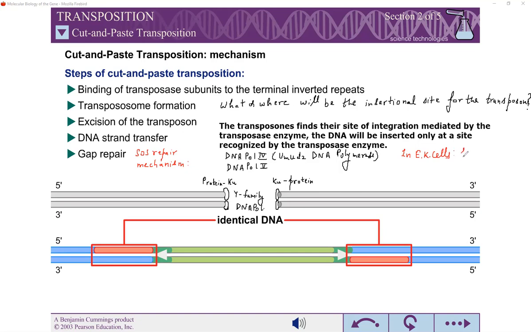In eukaryotes, the break in double-stranded DNA is repaired by the homologous recombination model.